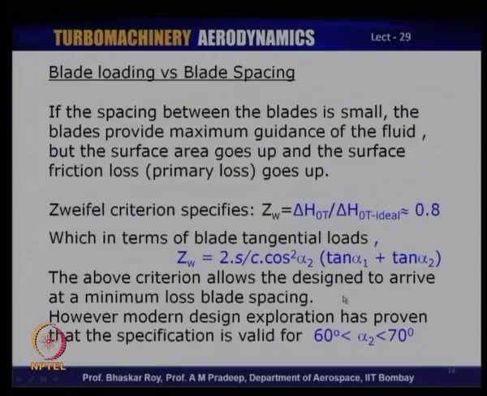So, the Zweifel criterion is indeed valid for alpha 2 between 60 and 70, which is the more popular alpha 2 design zone. But if by chance it is beyond this range, then remember, the Zweifel criterion may not be valid. So, you may not use the value 0.8, you may like to use some other value to be decided separately.